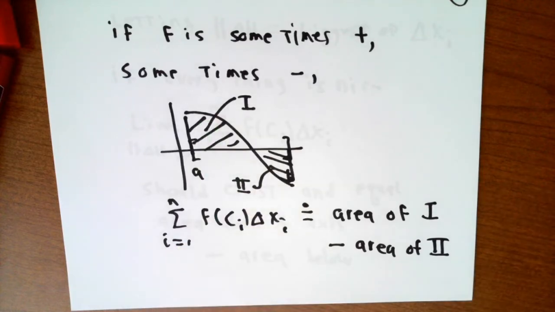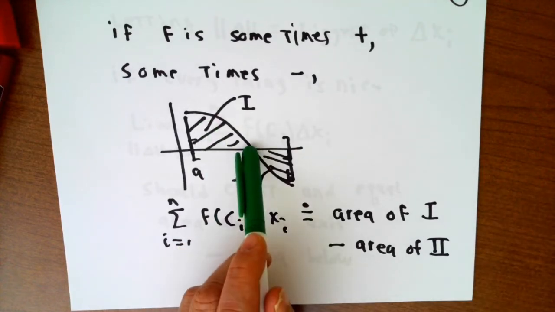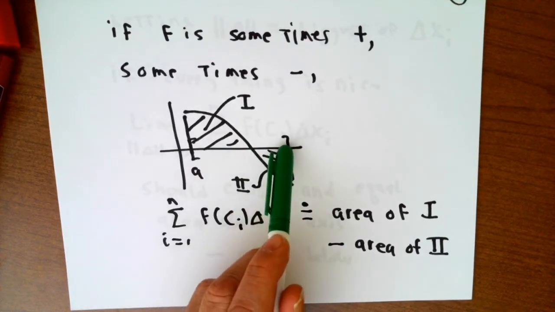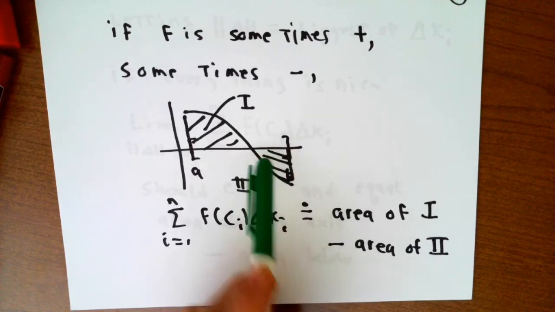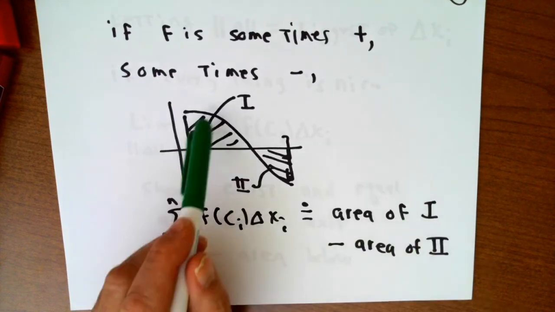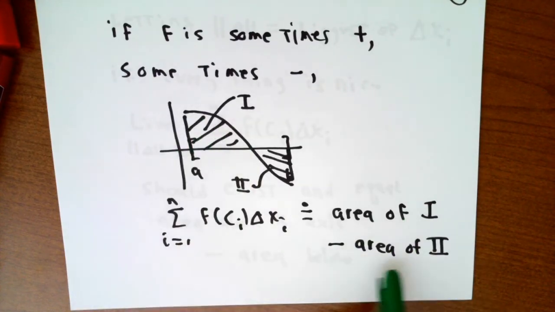On the other hand, if you continue integrating past this point until the end, that integral is not going to be the area of this region, it'll be the negative of the area. So in this case, the Riemann sum, as you called it back in Calc 1, is approximately the area of region 1 minus the area of region 2. People often say the area above the x-axis minus the area below.